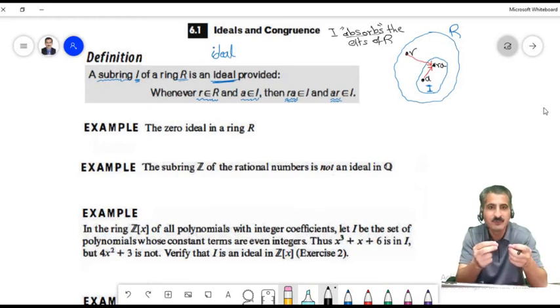So both elements a and r could be from inside I. We still see that the multiplication shall stay inside I.